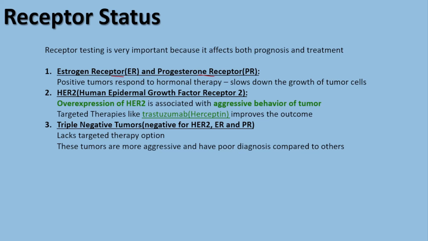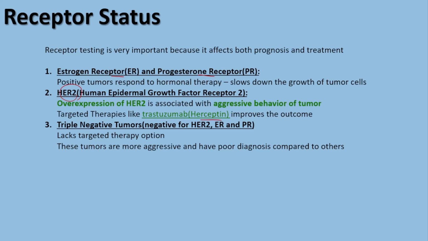We can also have HER2 receptor, which is human epidermal growth factor receptor 2, and this is actually also very good news because the overexpression of HER2 receptor is indicating the aggressive behavior of the tumor. But these tumors that are positive for HER2 receptor can be targeted with targeted therapy with trastuzumab or Herceptin, which improves the outcome of the disease.